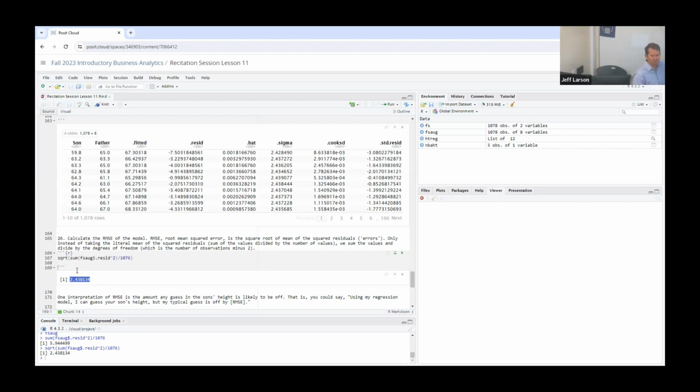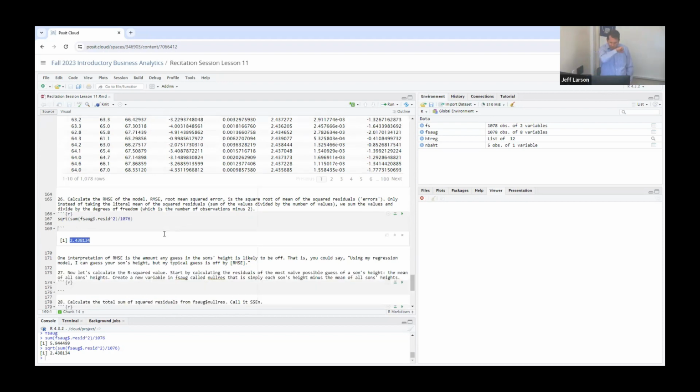Every father you give me, I'm going to predict his son's height. Every prediction I give on that regression line is going to be off by about 2.44 inches. That's just the average amount I'm going to be off. That's my root mean squared error. On every guess, on average, I'm going to be off by about 2.5 inches. And that's about as good as we can do.